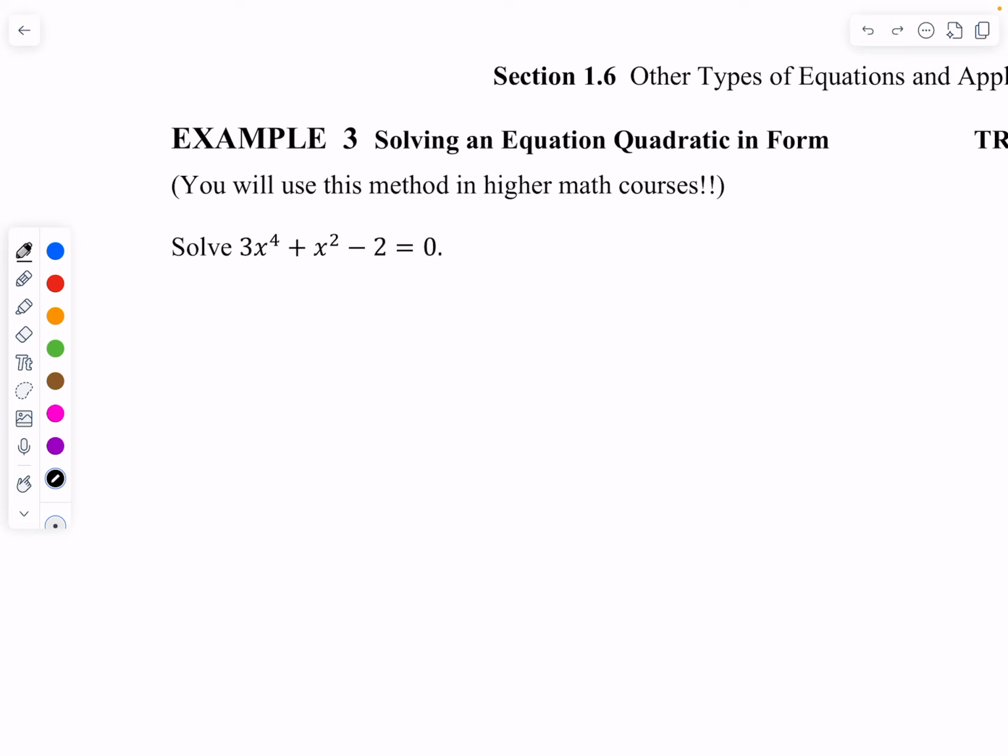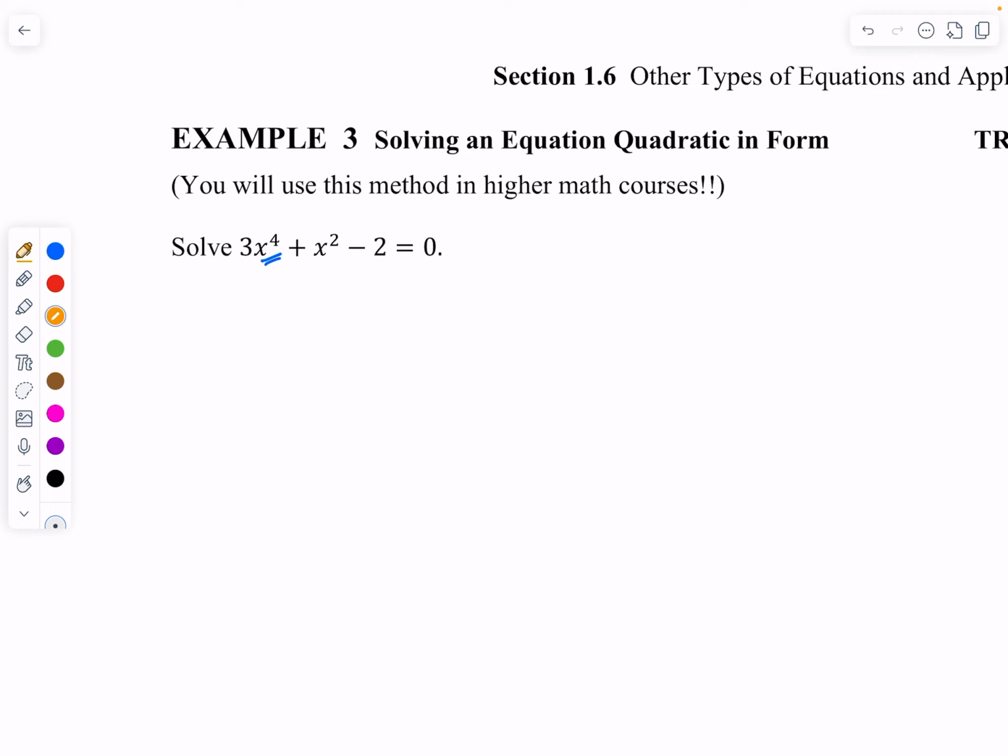But anyway, if this thing was not x to the 4th, if it was x squared, we would be like, oh, we just factor it. So we're going to make it look like an x squared. And the way we do that is we're going to turn this x to the 4th into something squared.